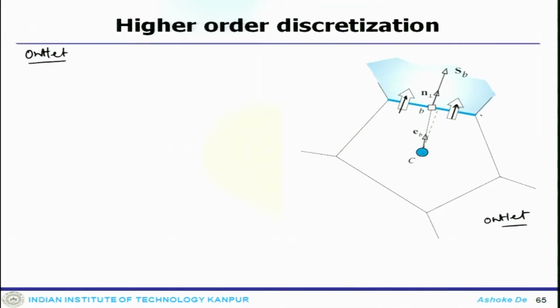So, that means if this is the boundary face, then you do not have any information from this side; whatever is interior, one has to use that to get this. Now, because of this directional phenomenon, the phi value at the boundary is highly dependent on the upstream location, because at the outlet the flow has to go outward. So, everything will be heavily dependent on the information available at the upstream locations.